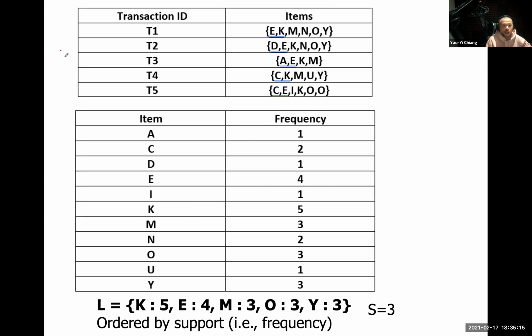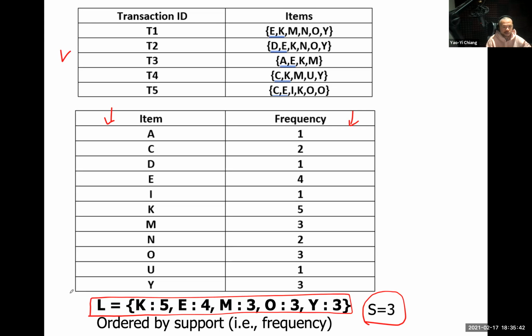Based on your file, you count single items. These are all the items you have, and these are your frequencies or support. Okay, so based on the support, let's say your support threshold equals 3. You eliminate the infrequent single items and you order the remaining ones by the support.